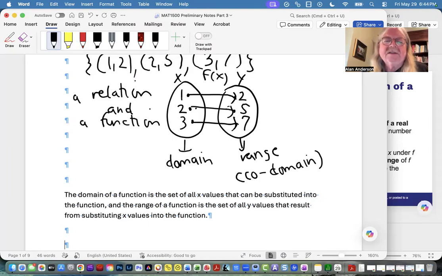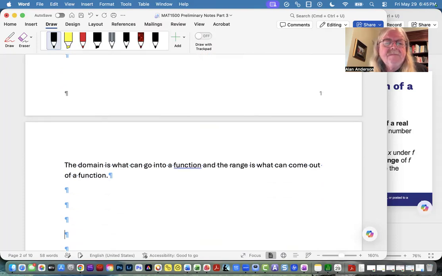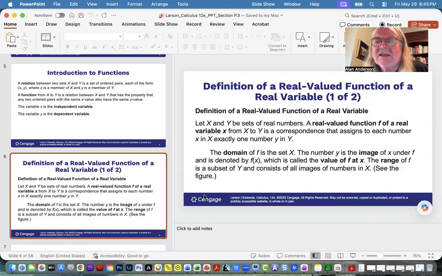Or even more informally, you could say the domain is what can go into a function, and the range is what can come out of a function. Okay. So I've actually seen a few books where they literally describe this like a sausage grinder. You put meat in and sausage comes out. The meat that goes in is the domain, the range is the sausage that comes out of it. It seems a little strange, but there it is.